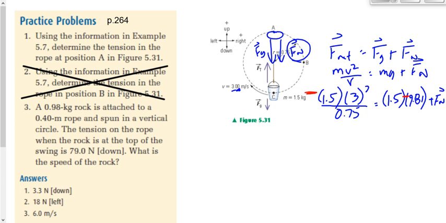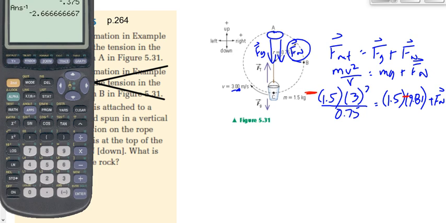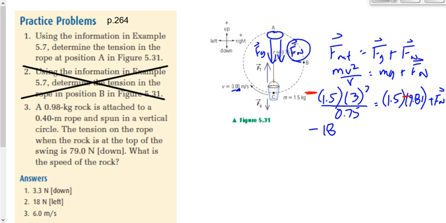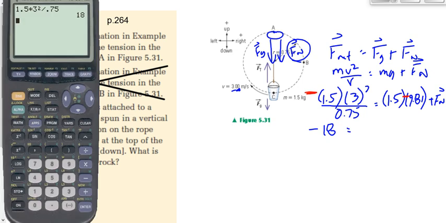Okay, let's figure this out now. 1.5 times 3 squared divided by 0.75 gives me negative 18. 1.5 times 9.81 is 14.715.